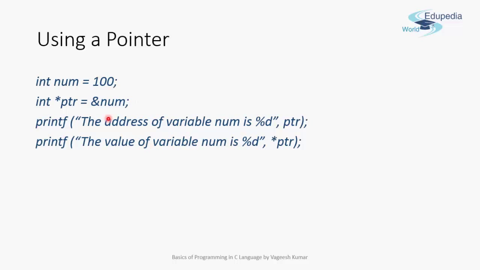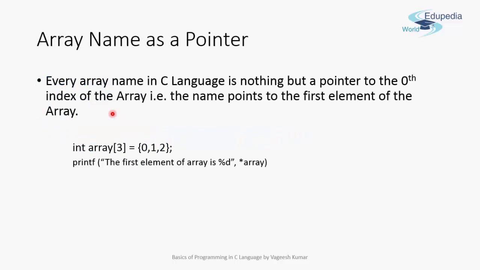But if we want to print the value of num using the pointer to num, we have to use the value-of operator. "The value of variable num is %d", *ptr. Now this will not print the address of num, but the value which is stored at that very address stored inside ptr. We will do this practically, and then you will understand it better.